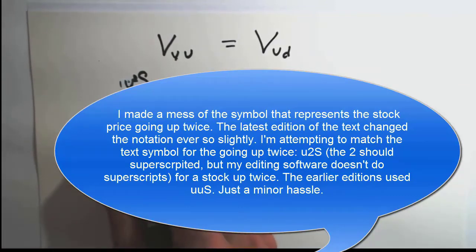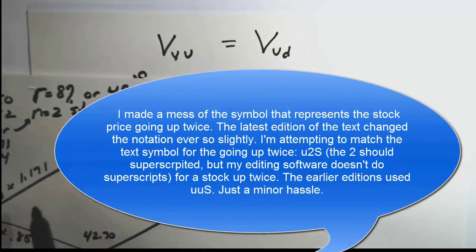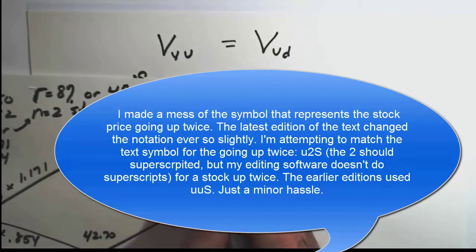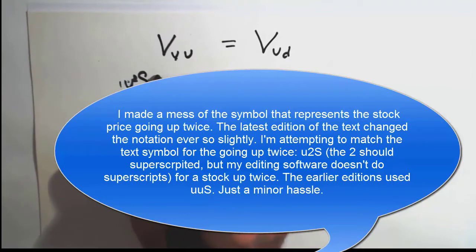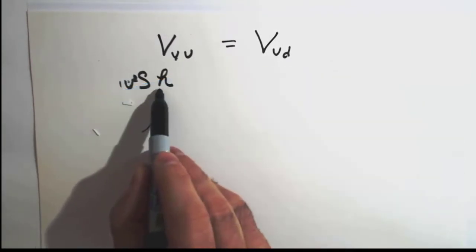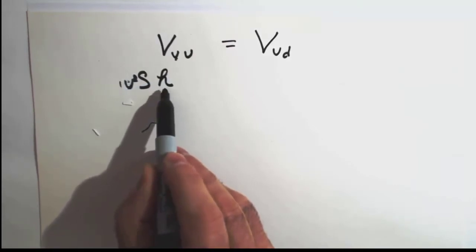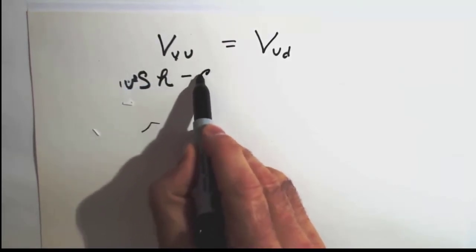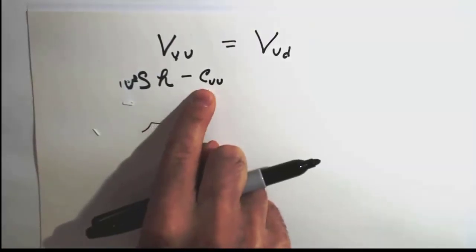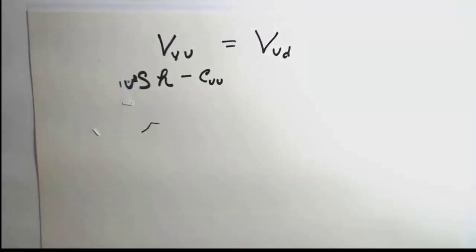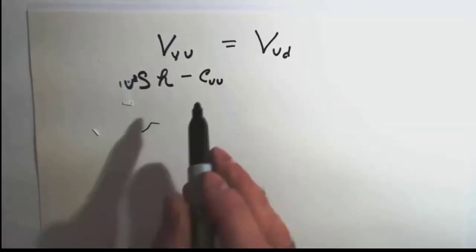So we have this stock that went up twice, and that's 68.56. We're going to multiply it by h, h shares of stock that we have, and we're going to subtract out the value of the call when the call goes up twice, which is labeled CU squared.